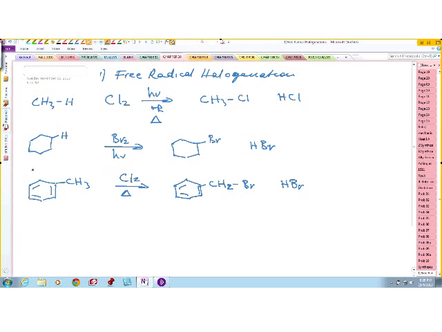Okay, so now let us give you the mechanism for this reaction. Let us use this reaction here to demonstrate the mechanism.